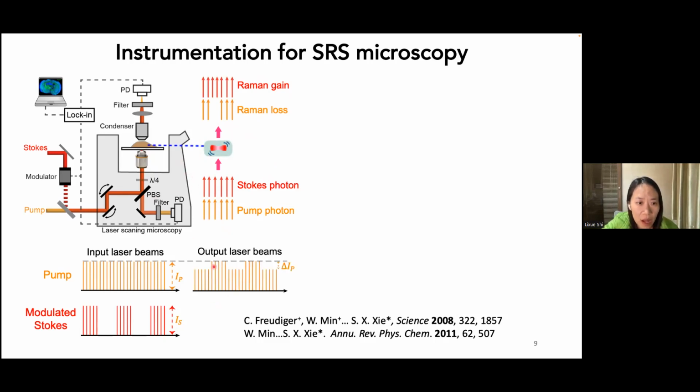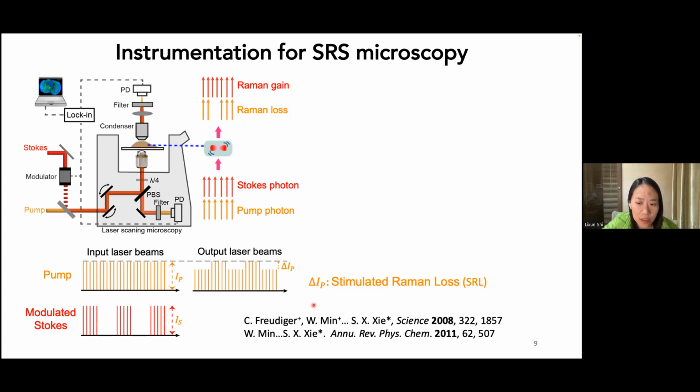Effectively, the pump laser intensity is decreased in the presence of Stokes photons, which is called stimulated Raman loss, the SRS signal to detect. Therefore, by optically filtering out the Stokes photons and detecting the pump photons only at this modulation frequency, the pump laser intensity change, delta IP, corresponding to the SRS signal can be detected.